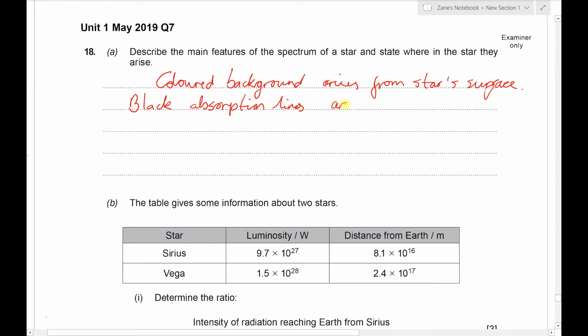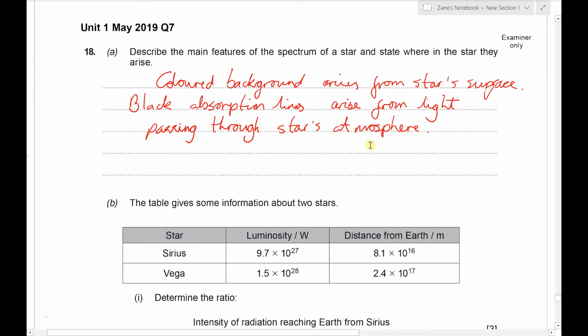And these arise from the light passing through the star's atmosphere. So all the different wavelengths of light are produced by the surface of the star, but certain wavelengths are absorbed by the elements that make up the atmosphere of that star.